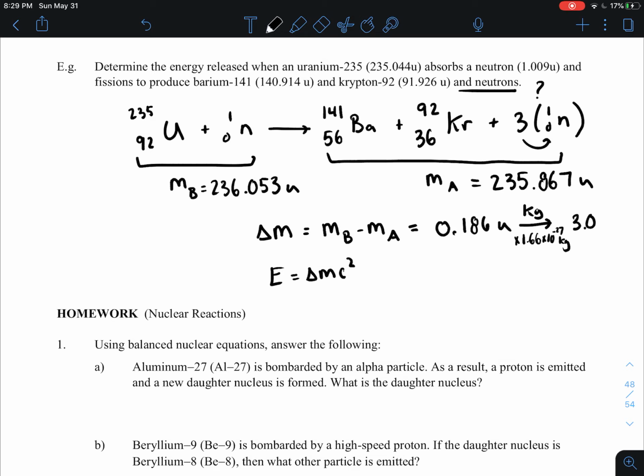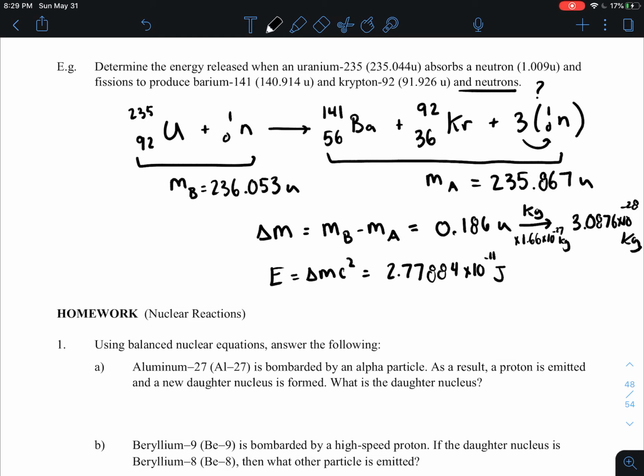And I end up getting 3.0876 times 10 to the negative 28, and that is in kilograms. So using Einstein's equation, multiply that by the speed of light squared. So times 3 times 10 to the 8th squared gives me 2.778884 times 10 to the negative 11 joules.